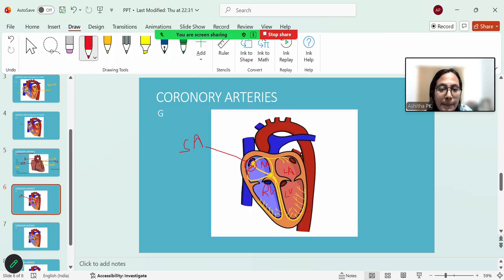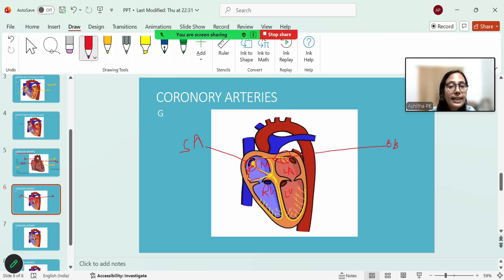This impulse passes through the right atrium, and also the impulse from the SA node passes to the left atrium via a specialized pathway known as Bachmann's bundle.